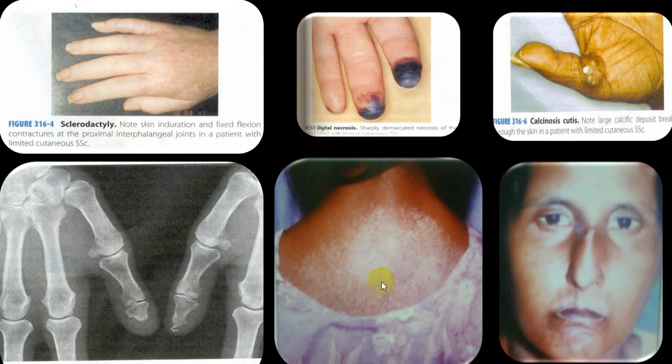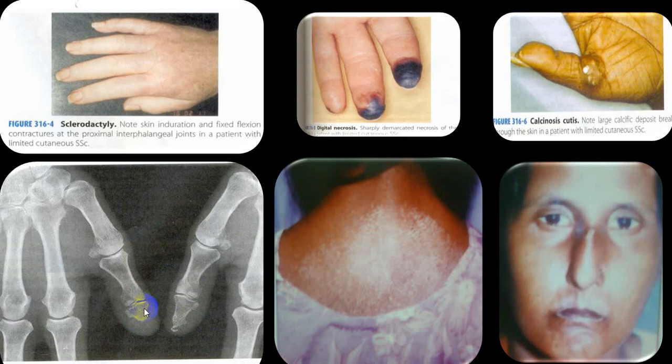This is salt and pepper appearance. Calcinosis cutis. This is a digital ulcer leading to even necrosis, and then this will fall off. And there is osteolysis which is going on. This is typical sclerodactyly. It is also called acro-osteolysis. Secondary to that, bone resorption takes place, and it is acro because of involvement of the blood vessel supply.